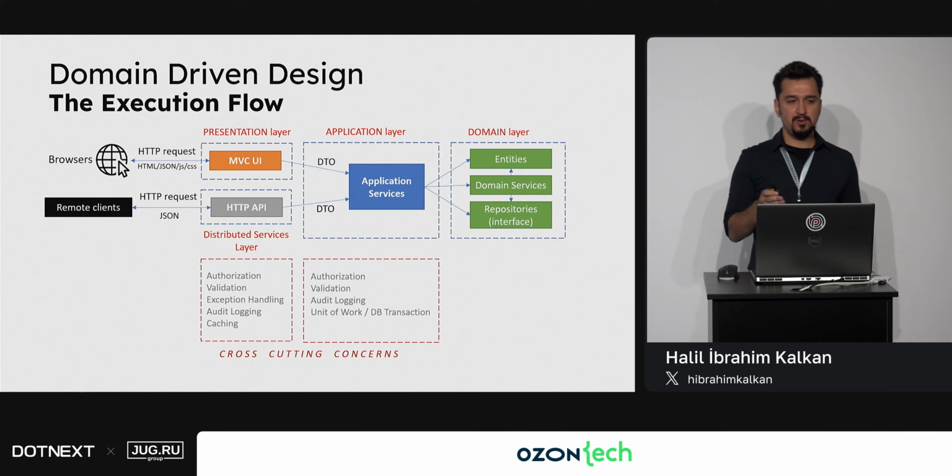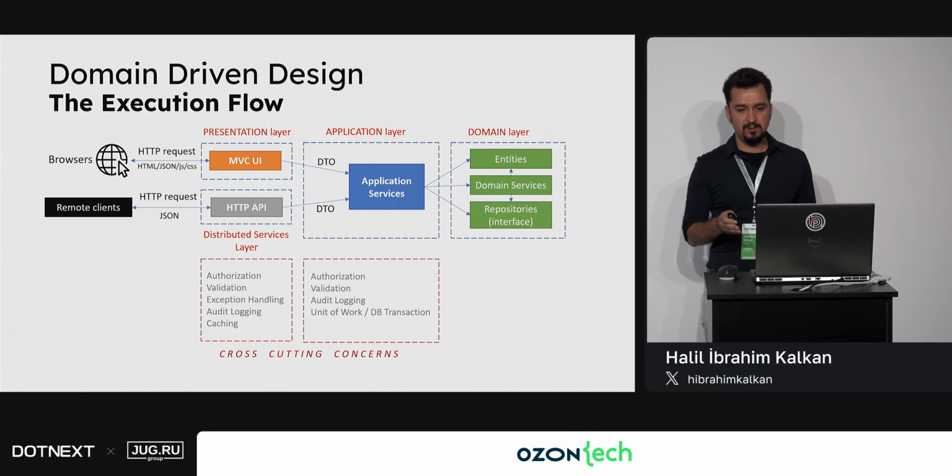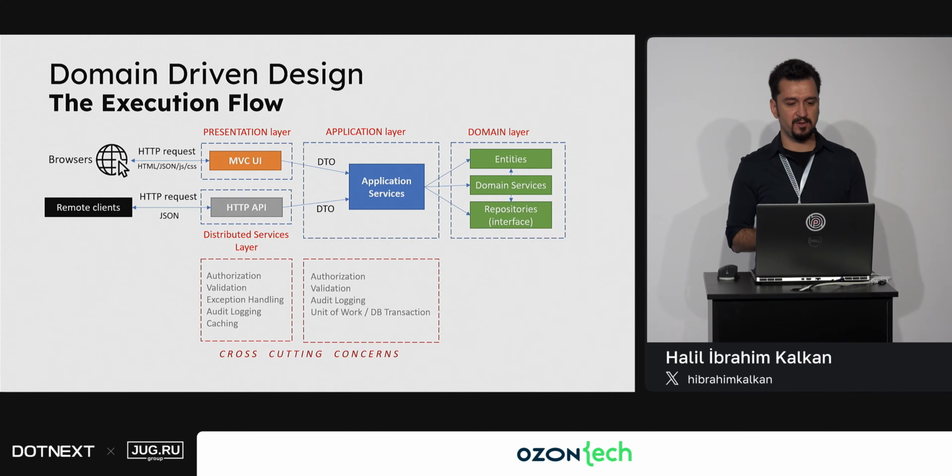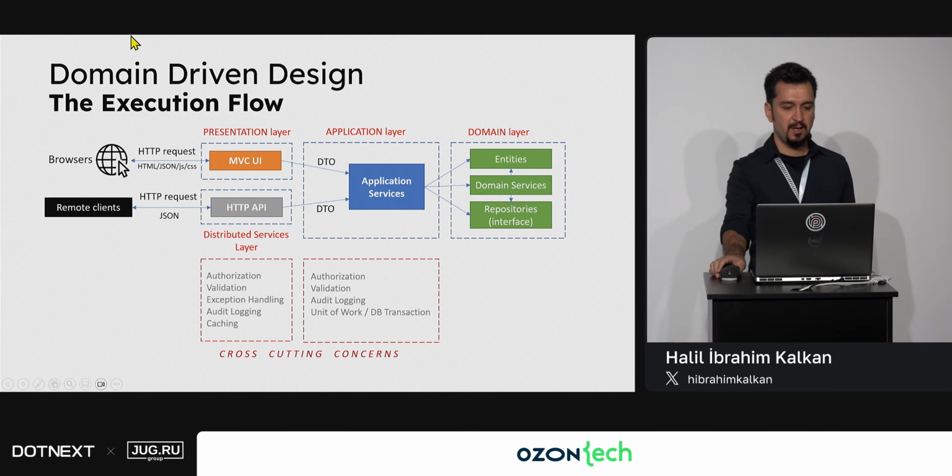Okay, when you implement domain-driven design in your application, typically this execution flow happens when you have a request. For example, if you have a web application or HTTP API project, you will have an MVC UI on the presentation layer. Typically, when you get a request, it is redirected to the application layer.